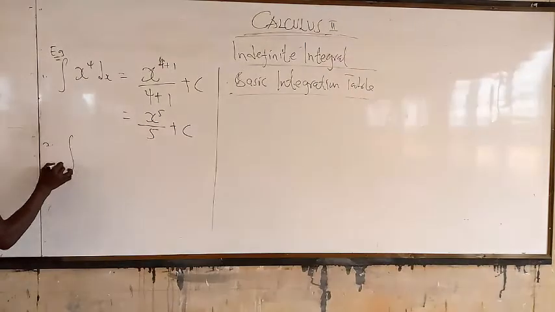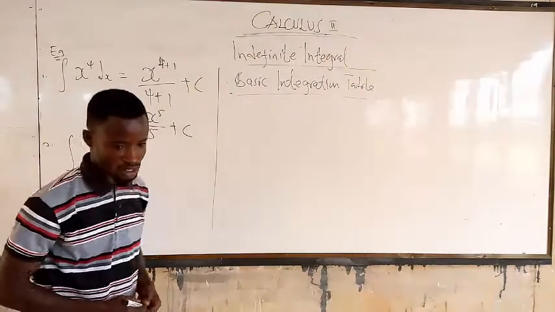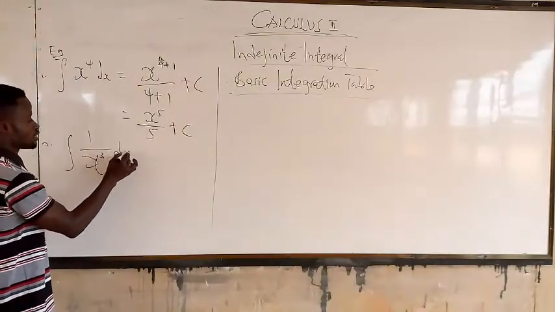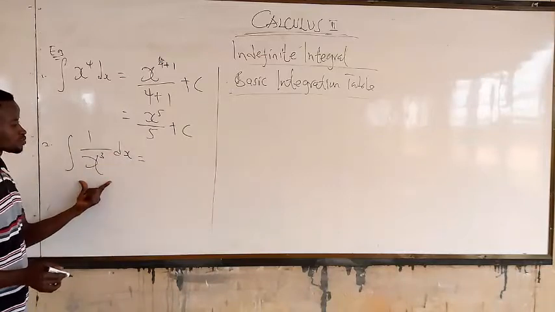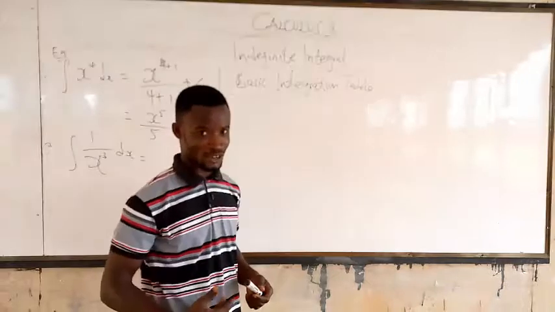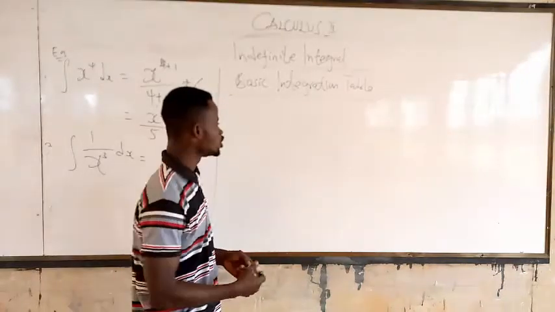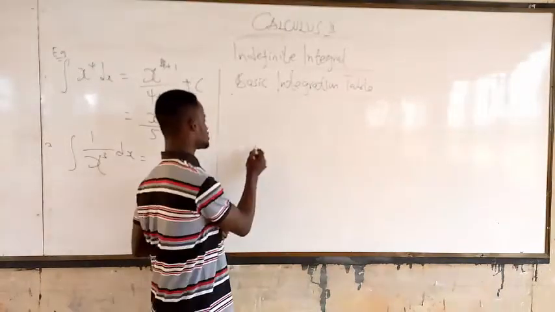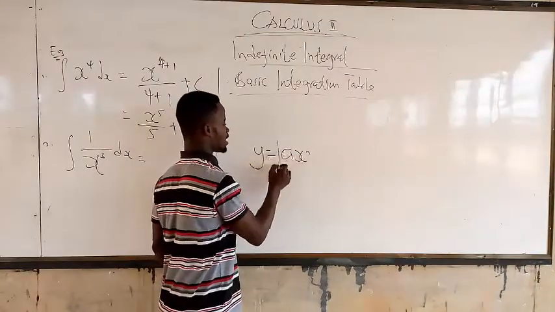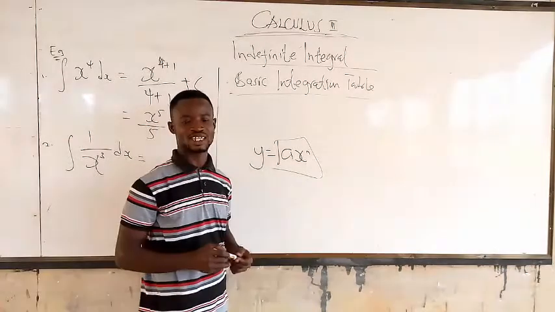Secondly, let's try 1 over s to the power 3 dx. So with this, please, you know in differentiation, in calculus 1, I made you understand that you cannot differentiate something which is not in the form a s to the power n. It's the same way we are doing here.